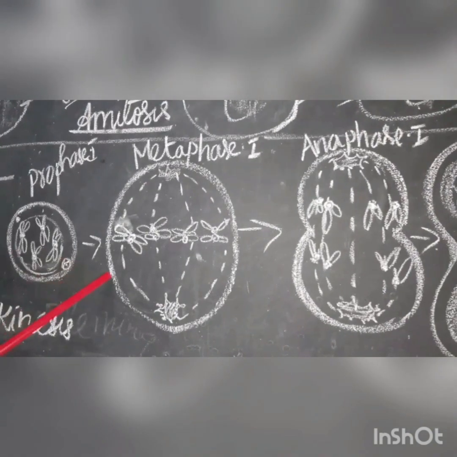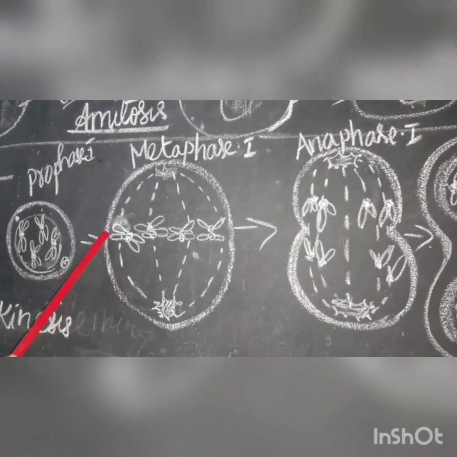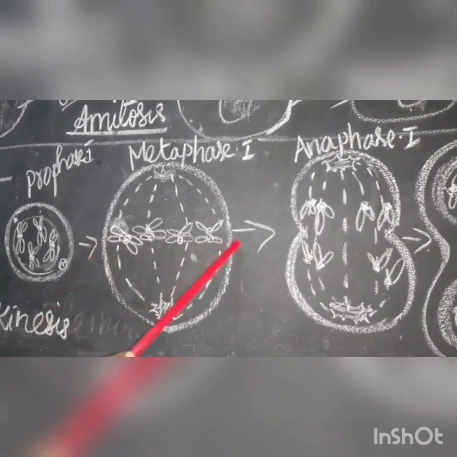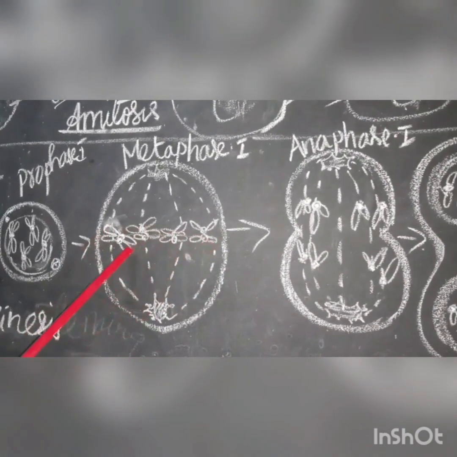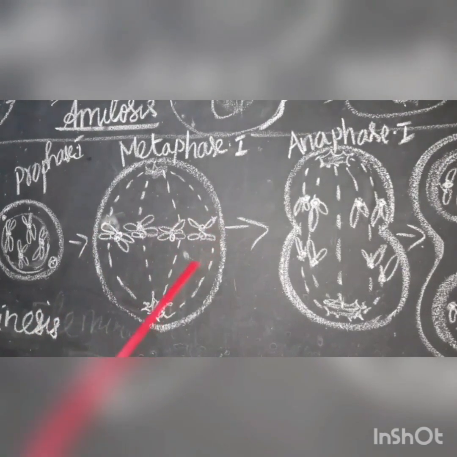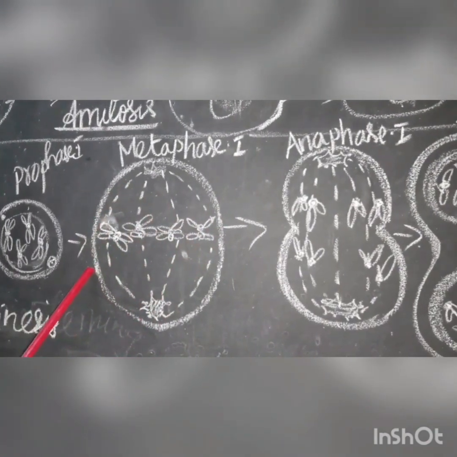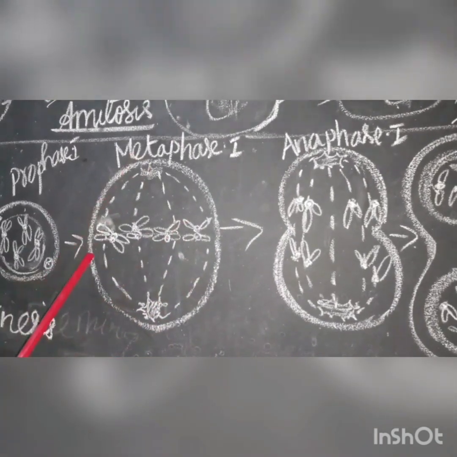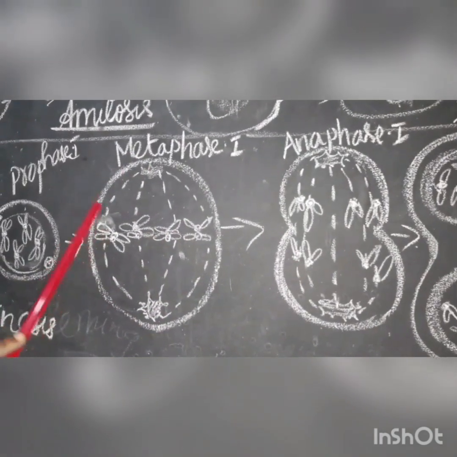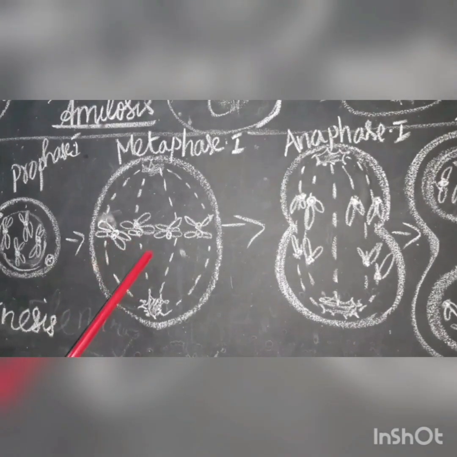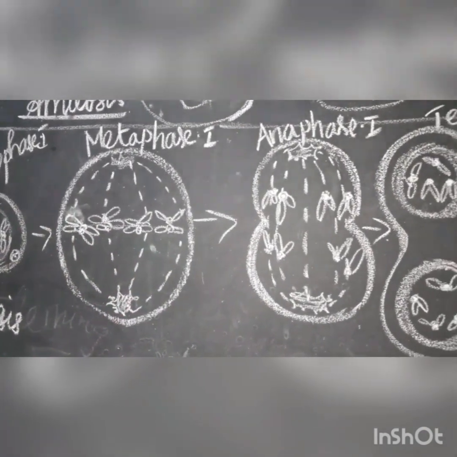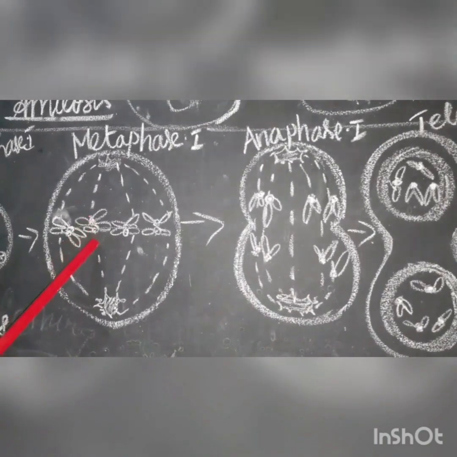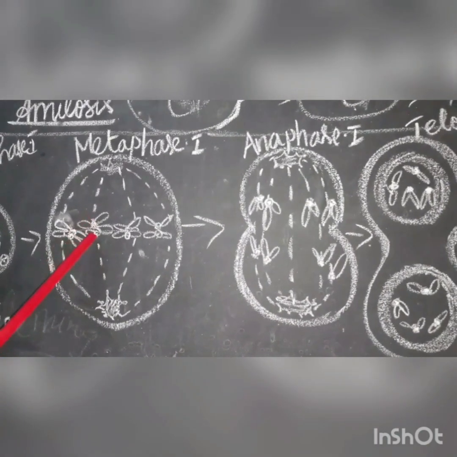Then the next one is the metaphase. Here you can see the duplicating chromosomes present in the equatorial plane, forming the metaphase plate. Chromosomes are attached to the spindle fibers, known as chromosomal fibers. In chromosomes, the centromere divides into two with the chromatid.